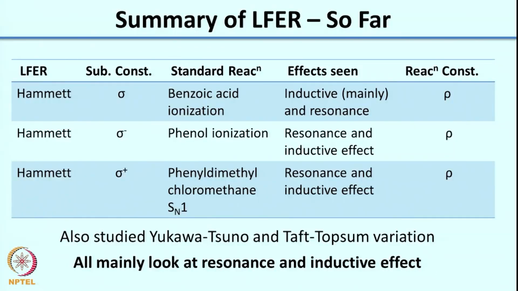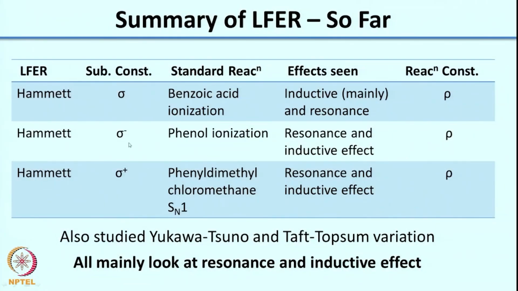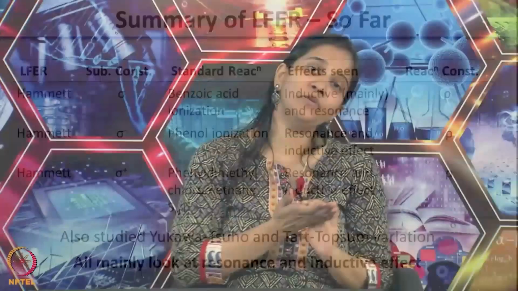So, to summarize what we have seen so far with LFER, we have seen the Hammett correlation to give you substituent constants sigma, sigma minus and sigma plus. In all these cases you have a standard reaction or a basis reaction which gives you the x axis of your Hammett plot.